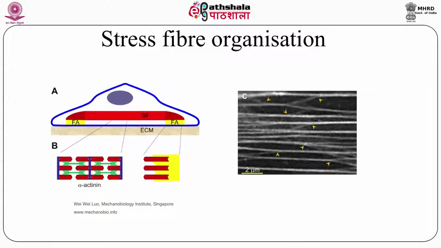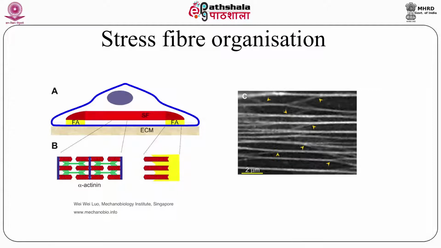Also, you can appreciate in panel C, which is a microscopic picture of the stress fibers. The stress fibers are seen as cylindrical structures. They are typically a few tens of microns long and the cross-sectional area is less than 0.5 microns, which gives them a rod-like morphology when observed under the microscope.